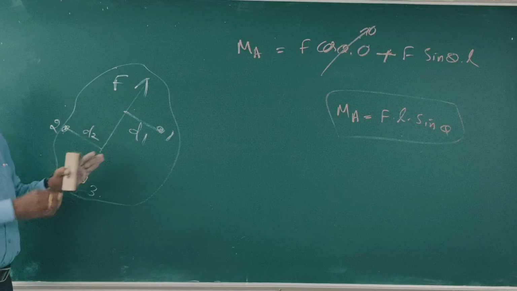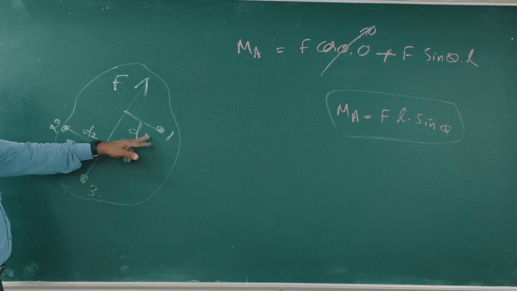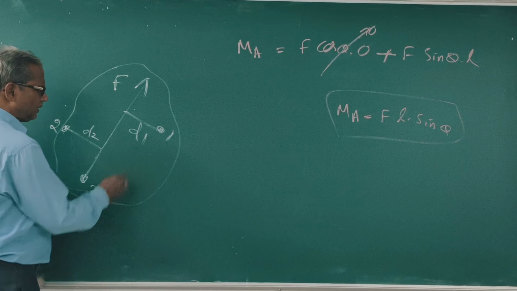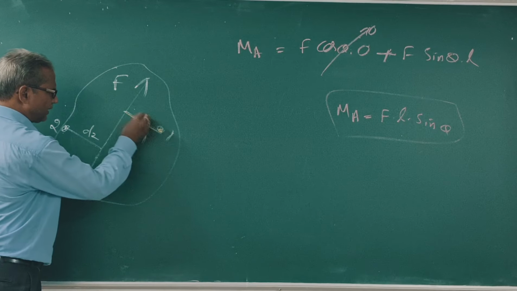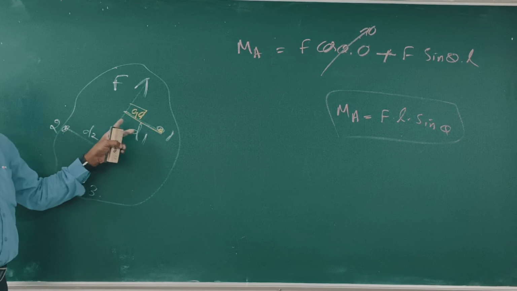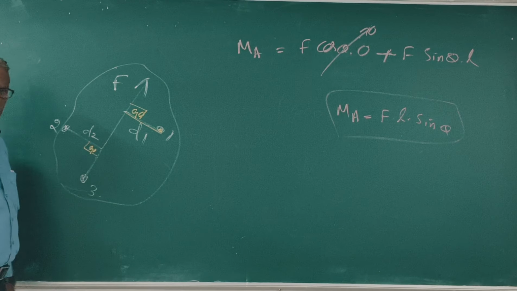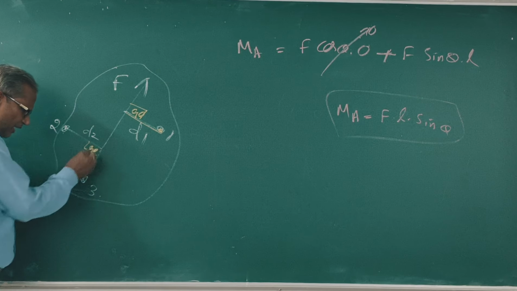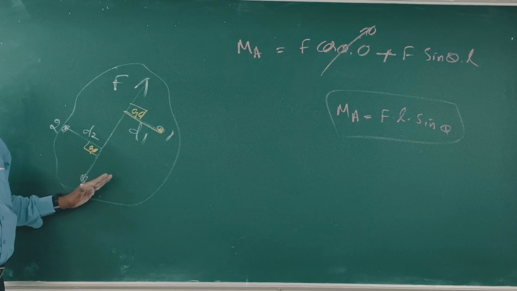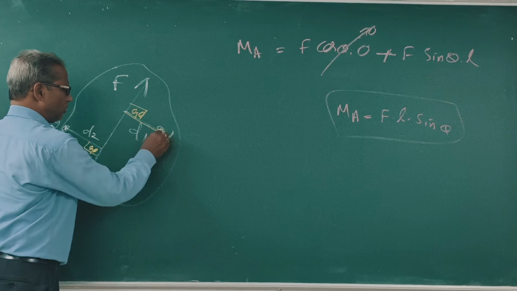Now in the figure, suppose this is force F, this is point 1, this is point 2, this is point 3. Point 1 is at distance d1 from the line of action of F. Point 2 is at distance d2, perpendicular distance. And point 3 lies on the line of action of force F. We will find out M1. What is M1?